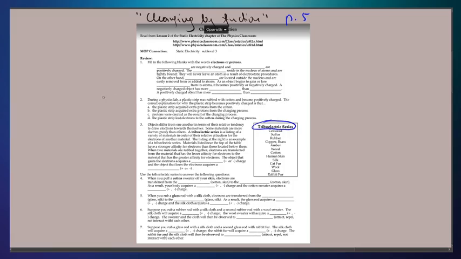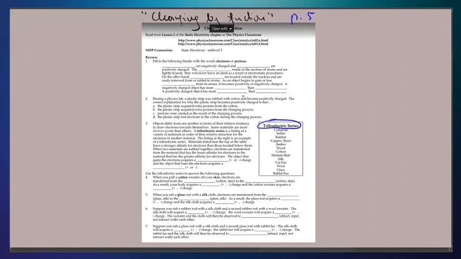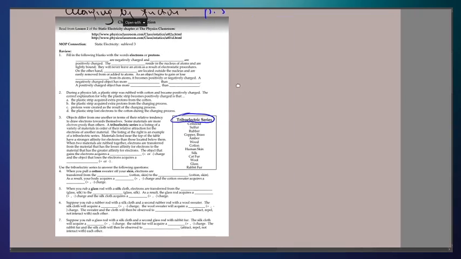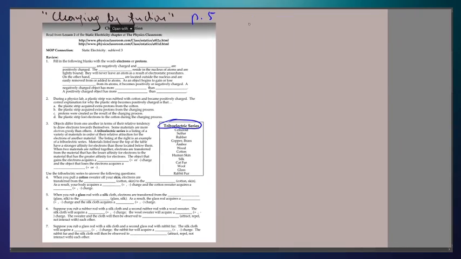If you rub together dissimilar materials, they have to be dissimilar, specifically if they're insulators.